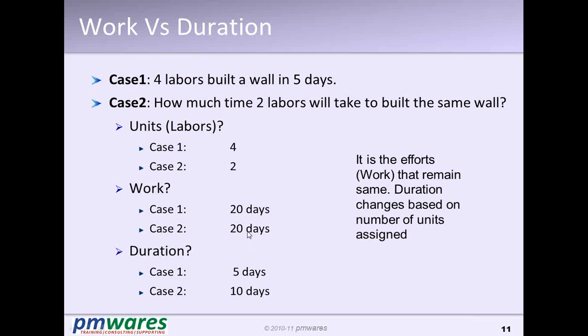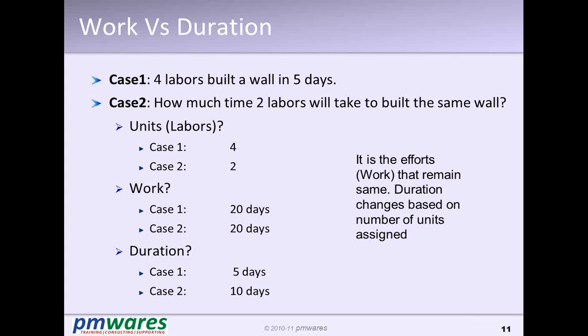Now what it is saying actually is that the effort is not changing; the work is effort. So if you want to build a wall, it needs 20 days of efforts. If you put 1 person, he will take 20 days. Put 2 people, 10 days.